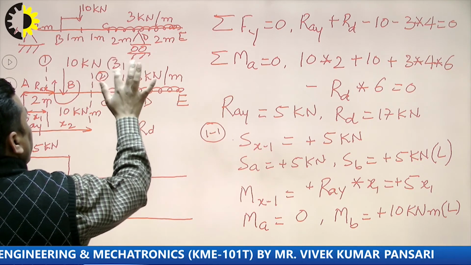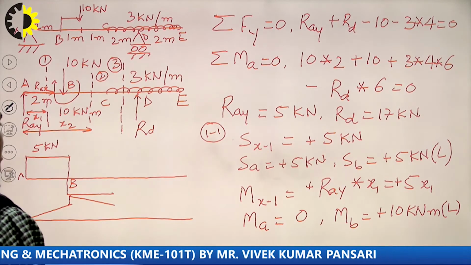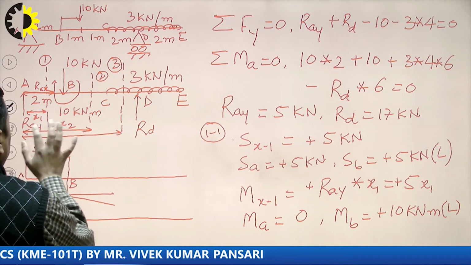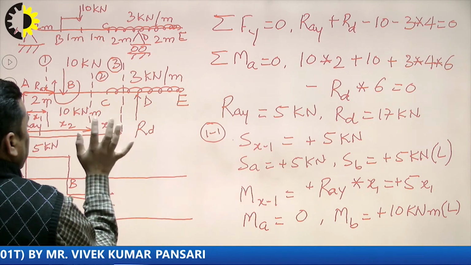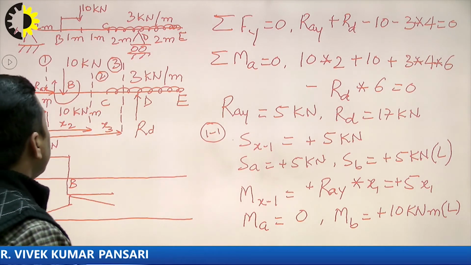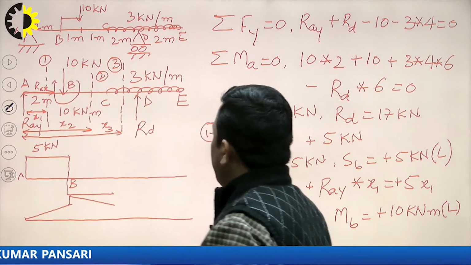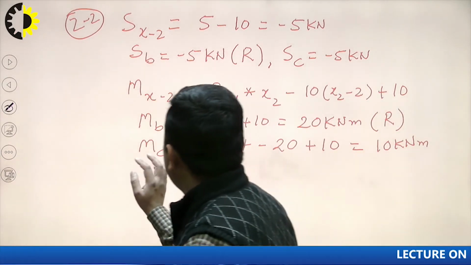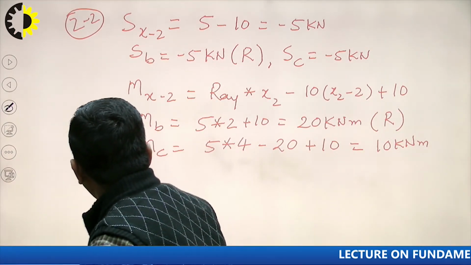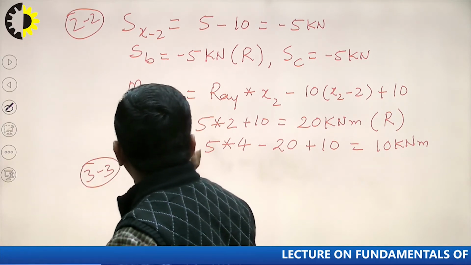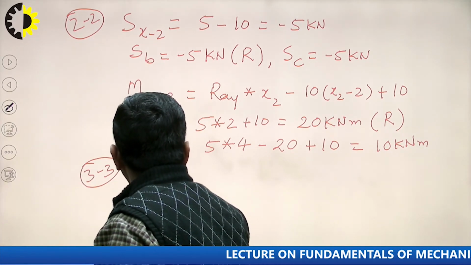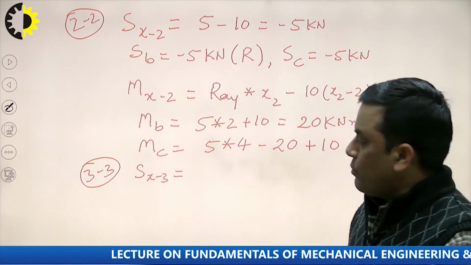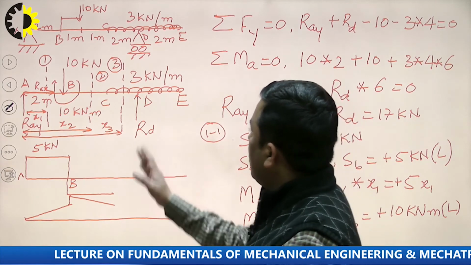Now, I will be taking the third section between C and D. I am taking this as section number 3, and the distance from A, an arbitrary distance, is x3. By the definition of shear force and bending moment, we would like to write the equations. Considering shear force at section 3, it is the algebraic sum of all the forces on the left side of the section plane.